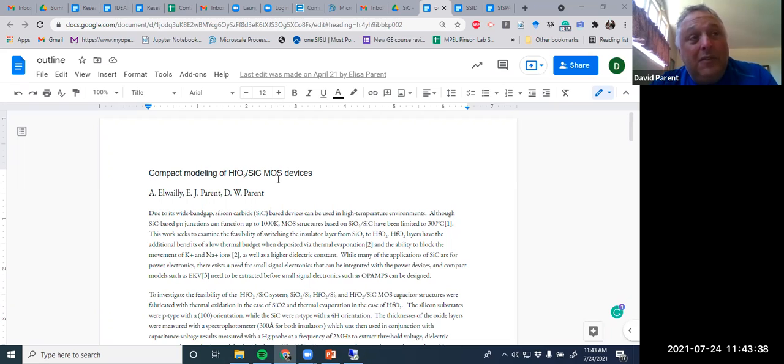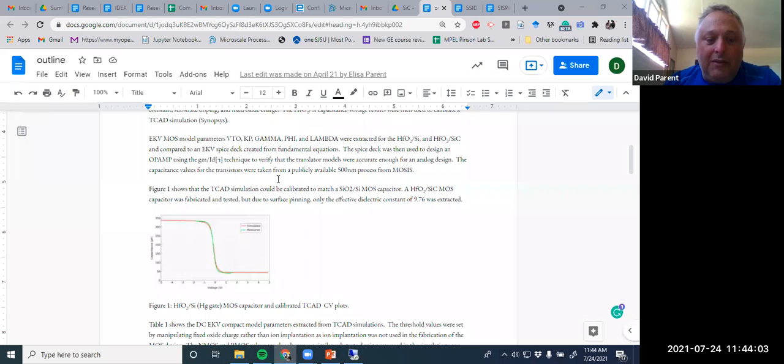Well, if you make it too thin, you can have quantum mechanical tunneling through the gate and it'll leak, right? So as you scale devices smaller and smaller, you're making the oxide thickness thinner and thinner. So if you switch to hafnium oxide, you can make it effectively thinner, electrically thinner, but you can avoid the quantum mechanical tunneling.